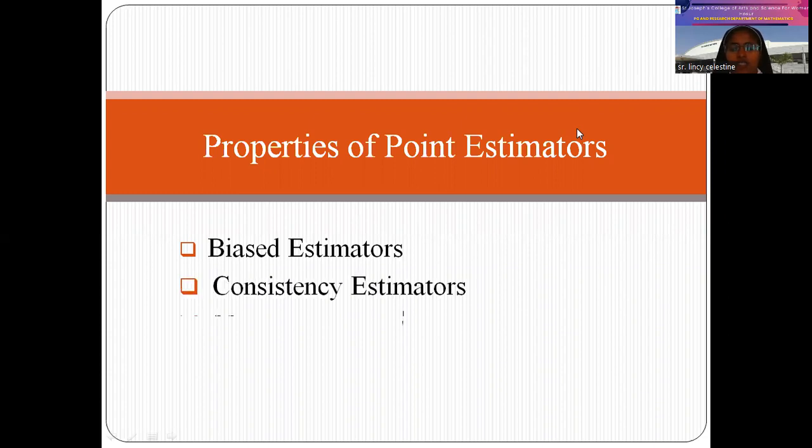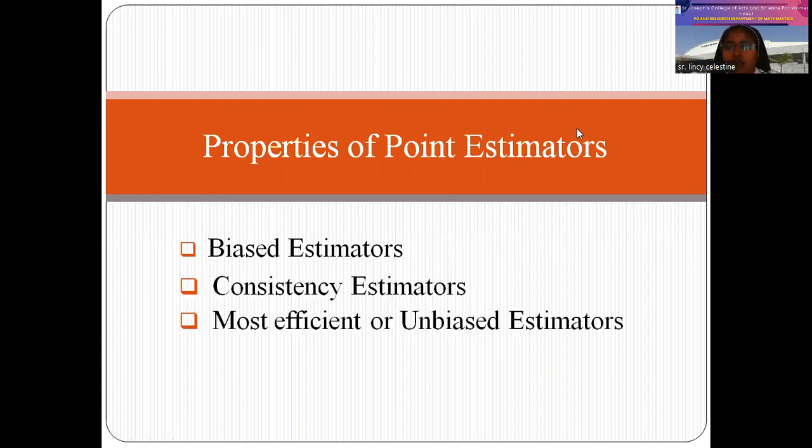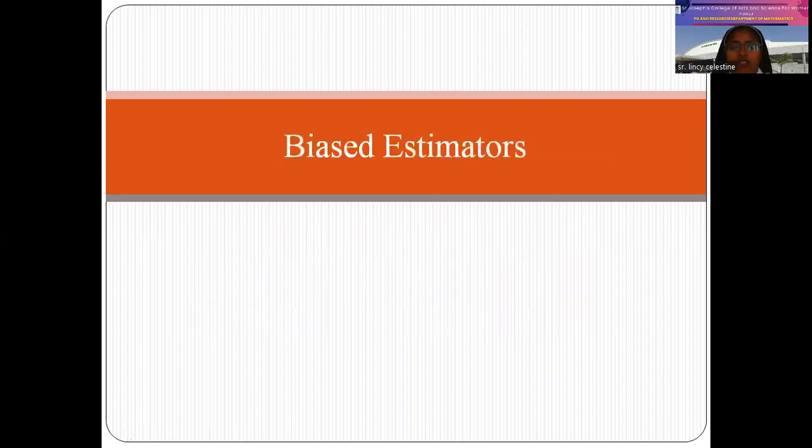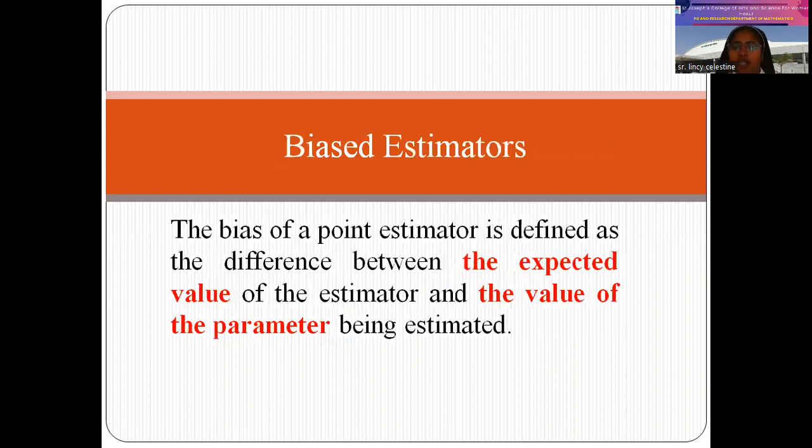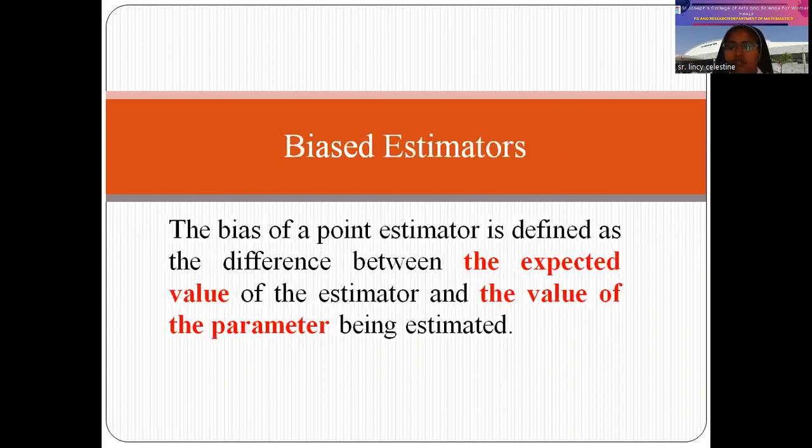And the third one is most efficient or unbiased estimators. Biased estimators, which are point estimators, is defined as the difference between the expected value of the estimator and the value of the parameter being estimated. What is the difference between these two? We are finding that using the biased estimators.